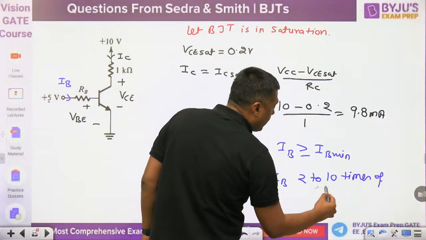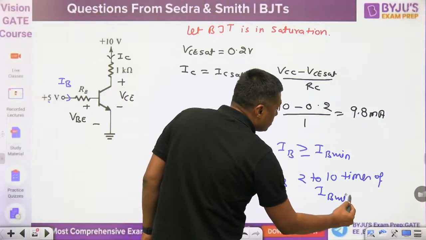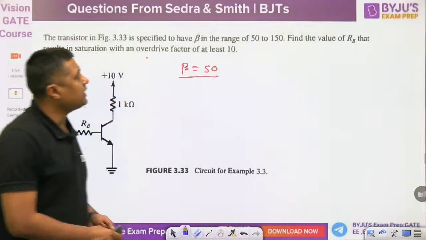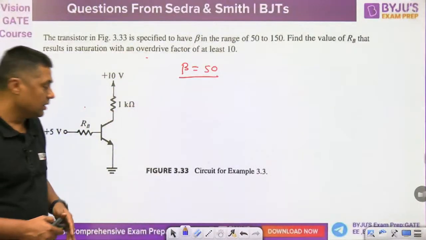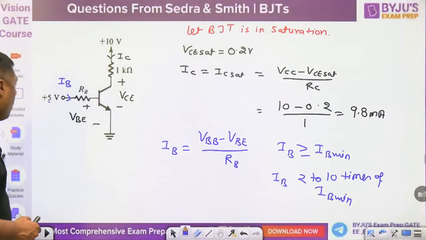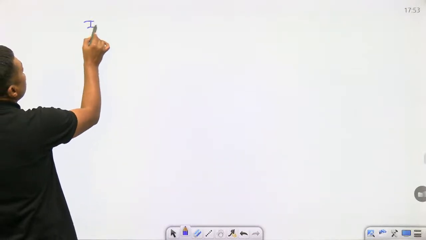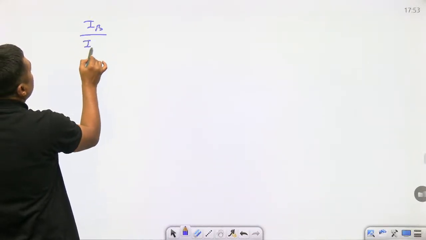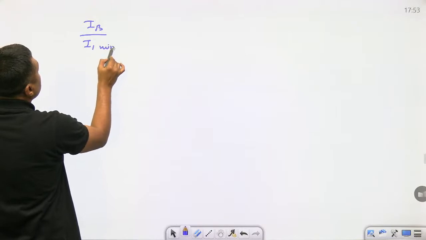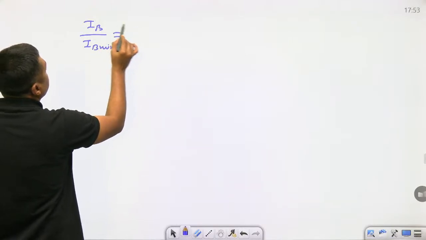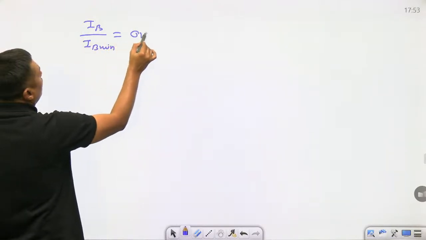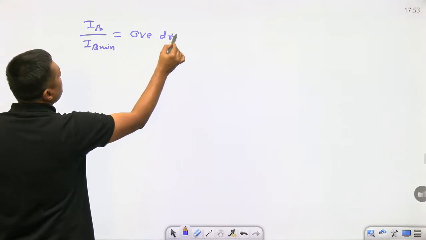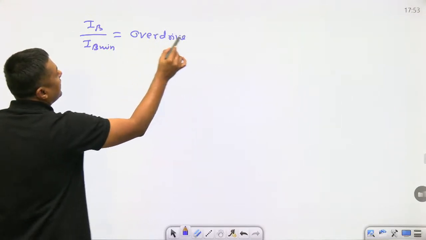That is called the overdrive factor. If the overdrive factor is given as at least 10, what is the meaning of this? You want IB to be 10 times of IB minimum. Overdrive means oversaturated. Overdrive factor.